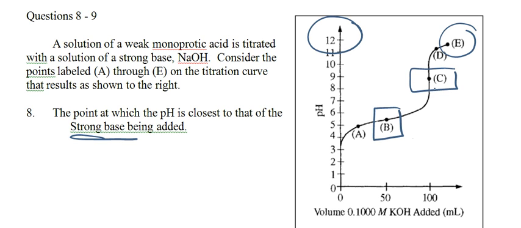When we talk about those 2 points, those are pretty significant. At point B, we are at the half equivalence point. The half equivalence point is when the pH is equal to the pKa of your acid. It tells you when you're halfway there.